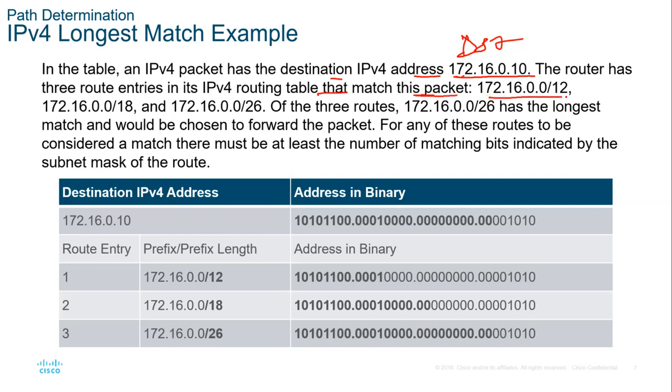We have this /12, we have /18, and then we have /26. Of course, the one with the longest match or most far left bits is this one here, because it indicates the network portion: 26, and then the host portion is equal to 6.